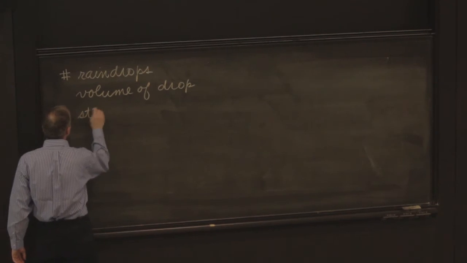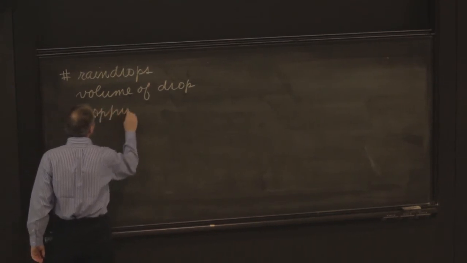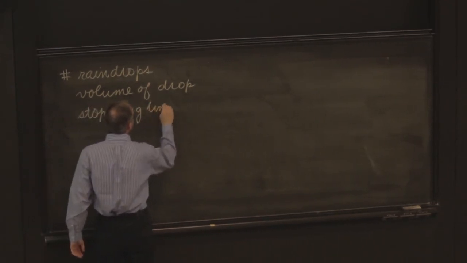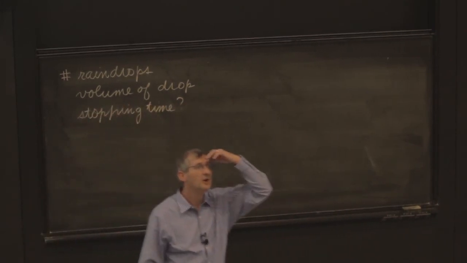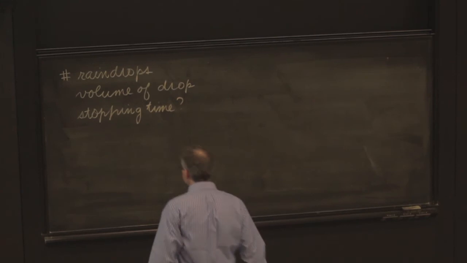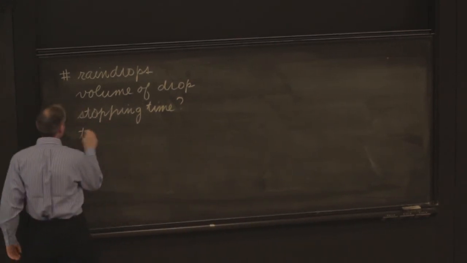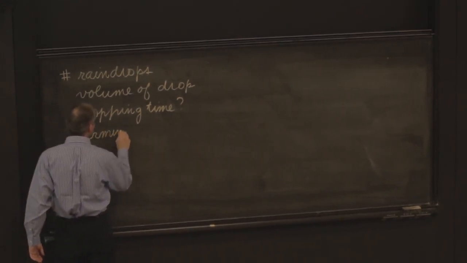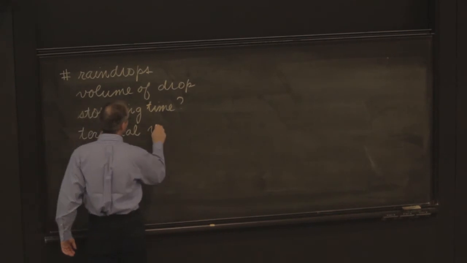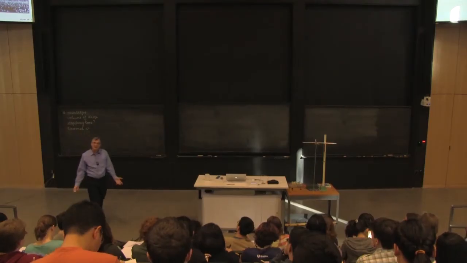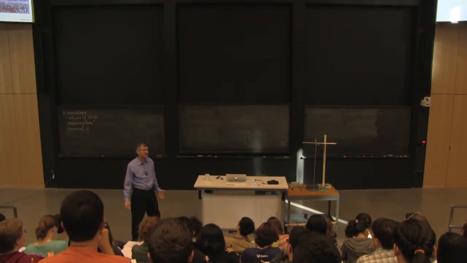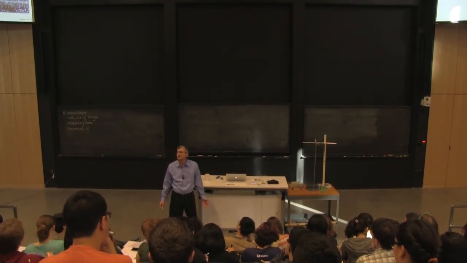Yeah, so, okay. What else? Terminal velocity of a raindrop. Why would that be important? So what's the principle that we're going to apply in order to figure out this force or this pressure?